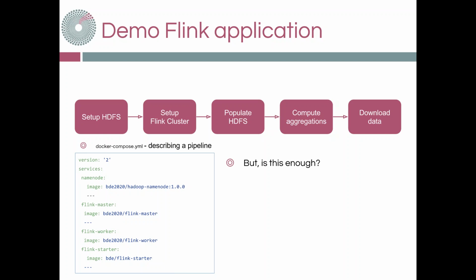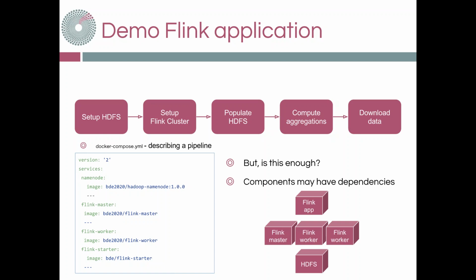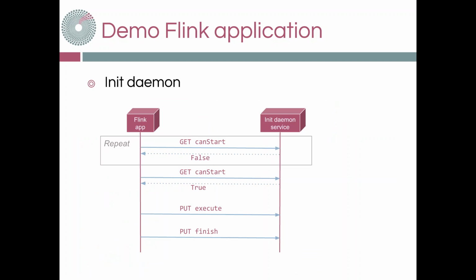Everyone will know that that will fail, because some of the components can have dependencies between each other. So for that we provide this init daemon service. We check the status of the containers, when they can start and when they can run.